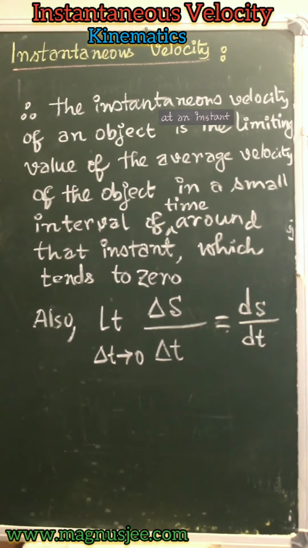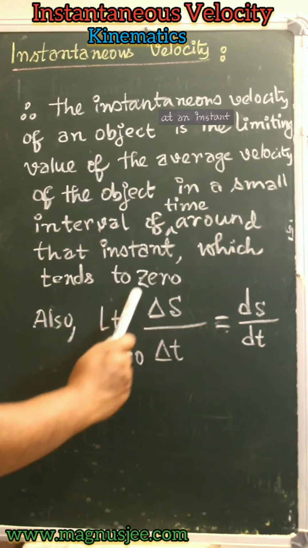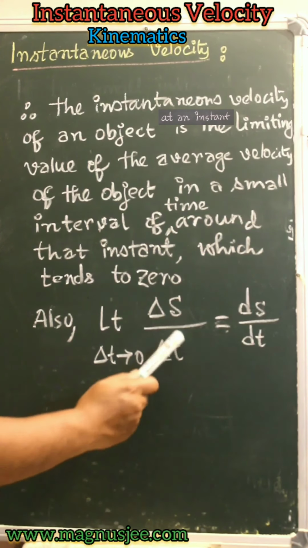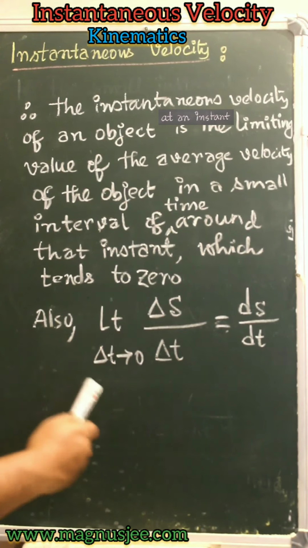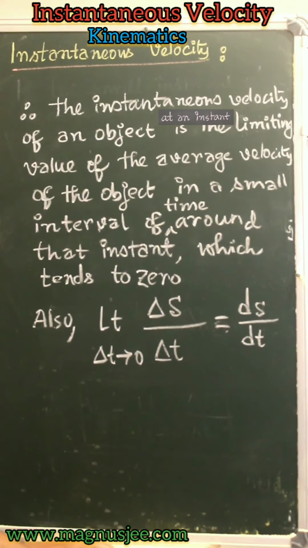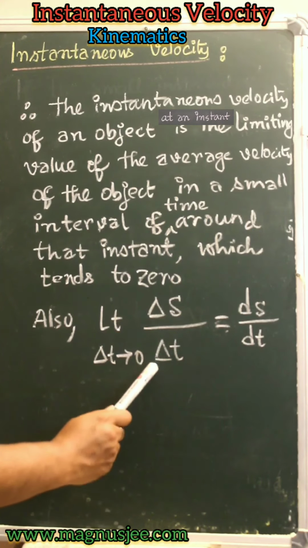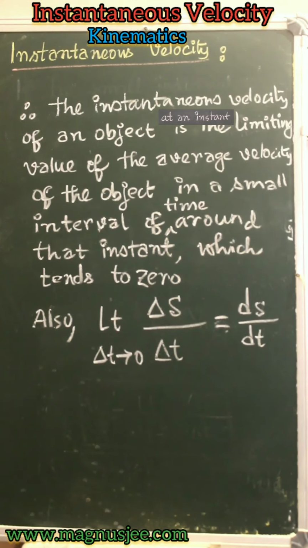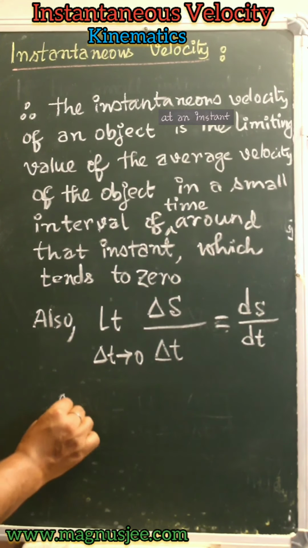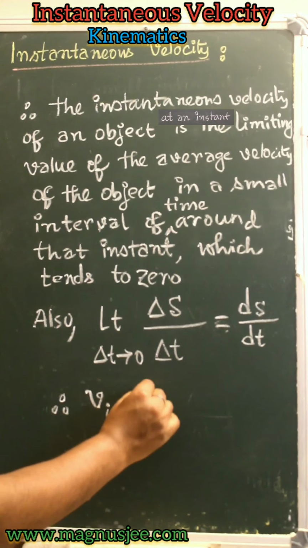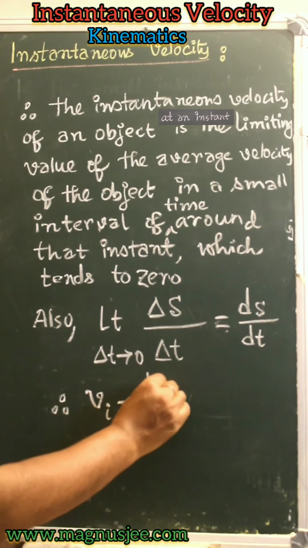We know that the limiting value of delta S by delta t can be written as dS by dt. Delta S by delta t is dS by dt, provided delta t tends to 0. Therefore, Vi equals dS by dt.